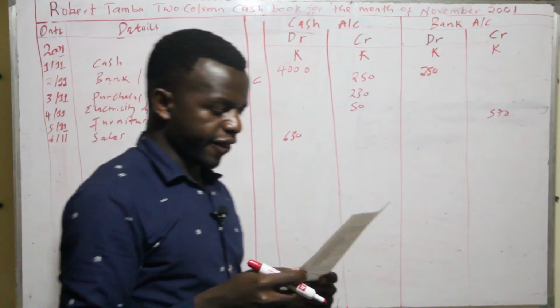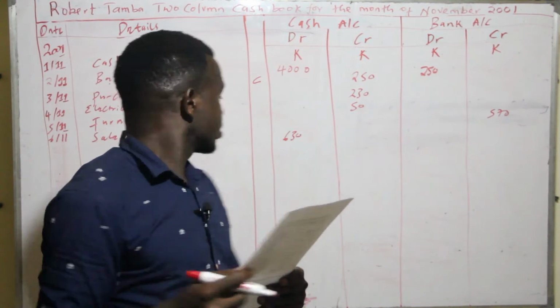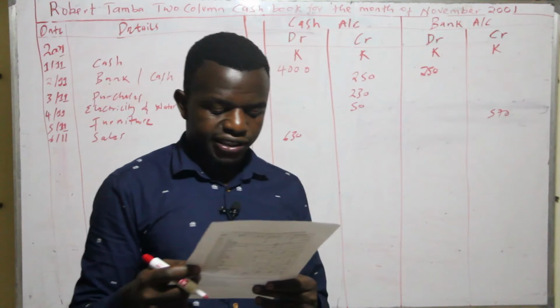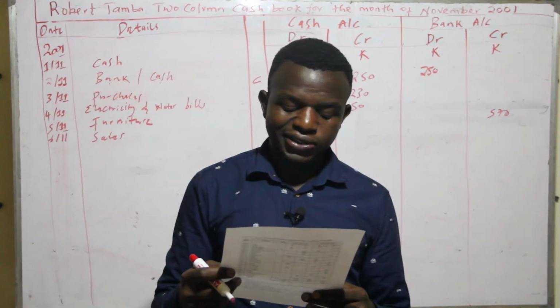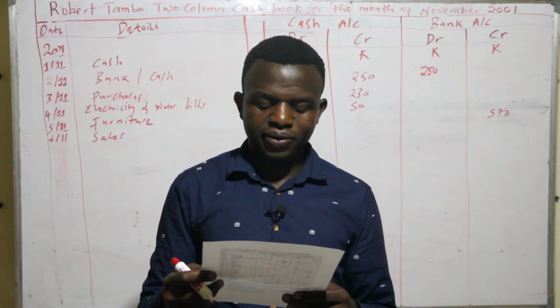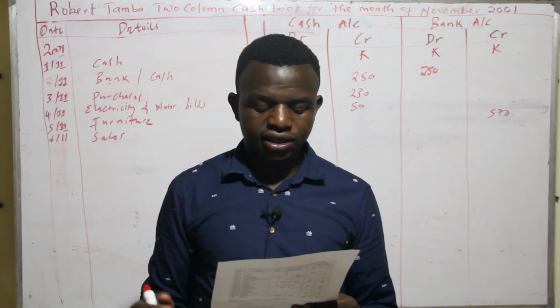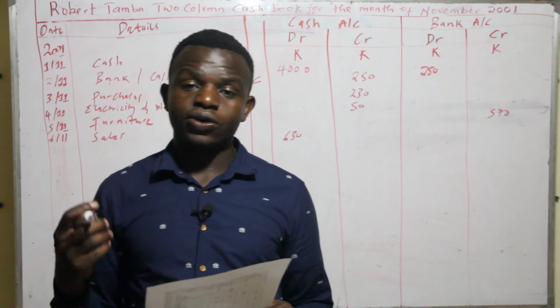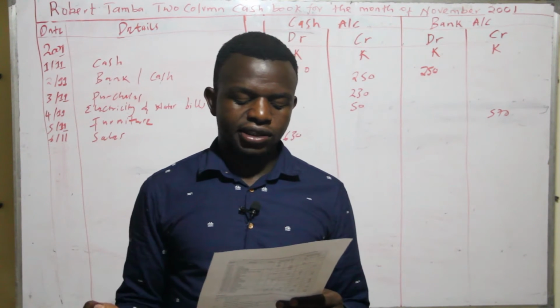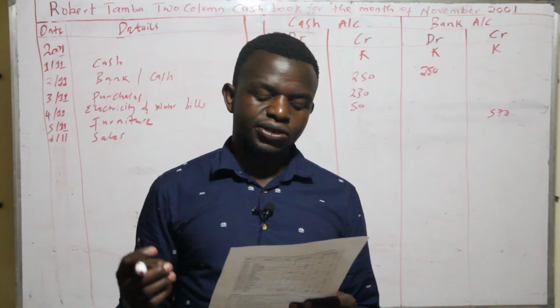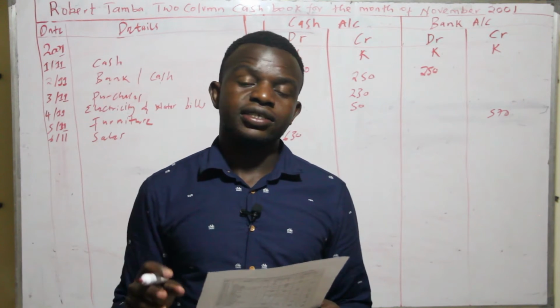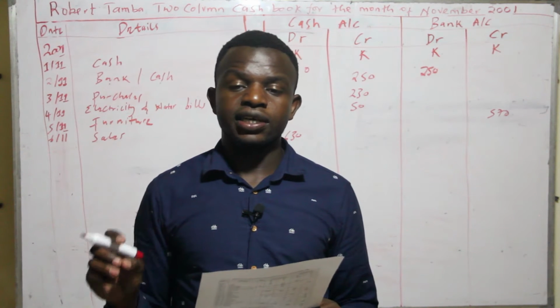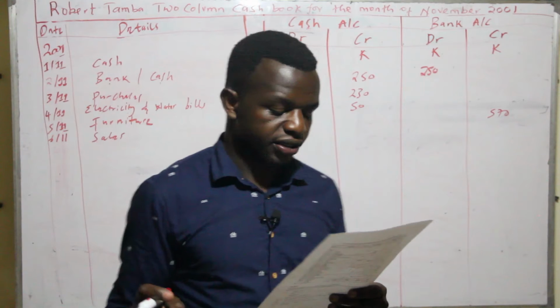Then on the 7th of November, deposited cash into the bank amounting to 300 kwacha. So this type of transaction is also a contra entry transaction, since we deposited cash into the bank, which means that cash was being credited and bank was being debited.